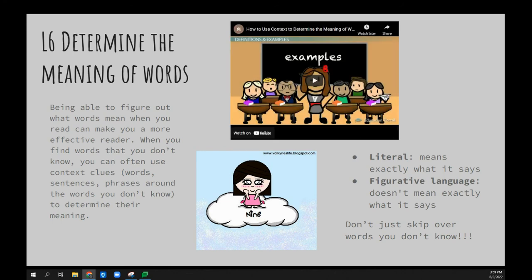So in the video, you also noticed that when he was talking about substitution, he also was looking at the connotations of the word versus the denotation. So remember, the denotation is the direct dictionary definition, but the connotation is like the emotion that comes with it.